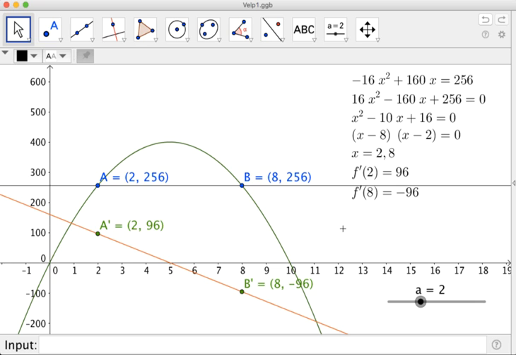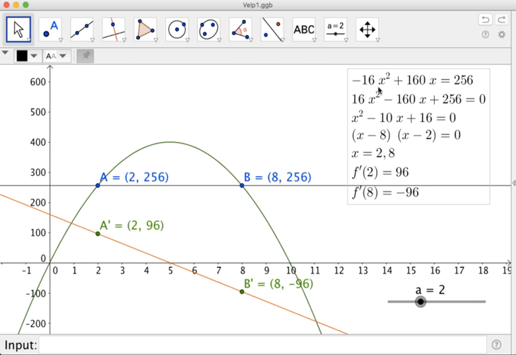Then the next question asked us to find the velocity and speed of the rock when it is 256 feet above the ground on the way up and on the way down. Graphically, we can represent that by intersecting our function with the line y equals 256, which gives us these two points of intersection, A and B. A represents the rock attaining a height of 256 feet at 2 seconds, B at 256 feet at 8 seconds on the way down.